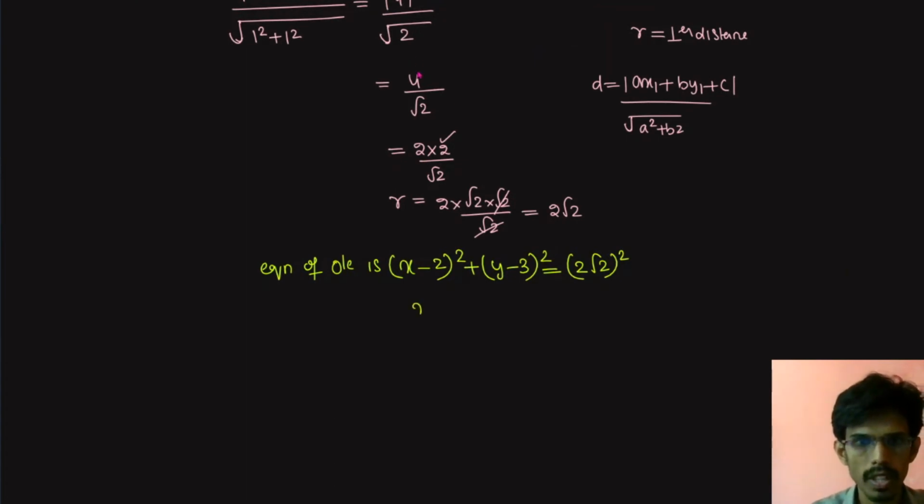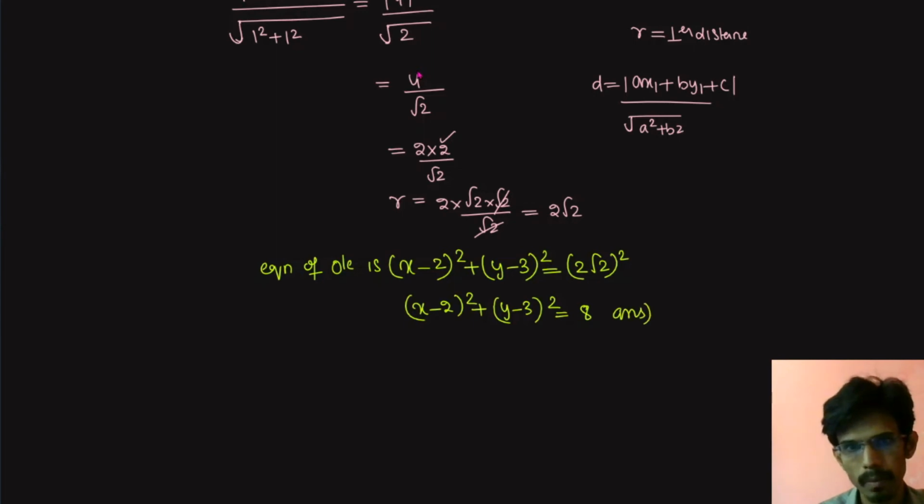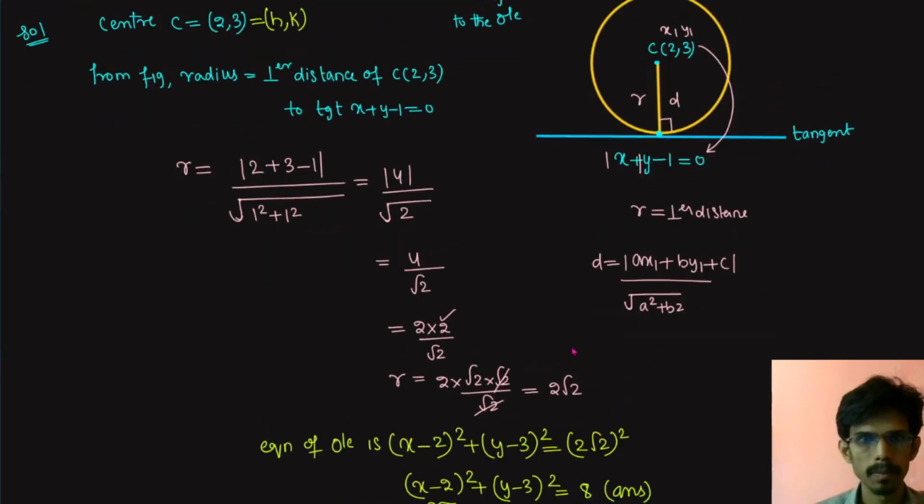Now this can be written as (x minus 2) square plus (y minus 3) square is equal to, 2 square will be 4, root 2 whole square will be 2, so 4 2s are 8. So this will be the answer. Or you can expand (x minus 2) whole square and (y minus 3) whole square also, or else you can stop here itself. So this will be the answer for this question.